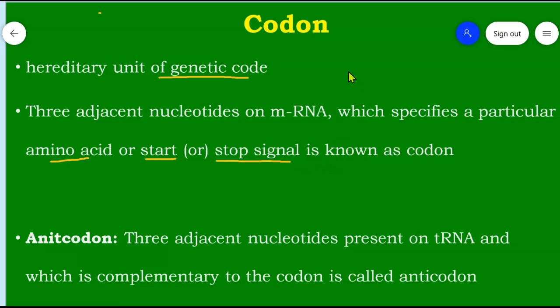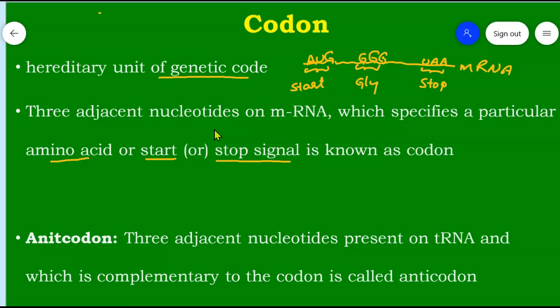What is a codon? Three nitrogen bases on the mRNA. If this is the mRNA, three nitrogen bases, imagine GGG, are present, which specifies a particular amino acid, or they may also specify a particular signal. For example, if this signal AUG is there, it indicates the starting of the polypeptide chain, or else they may also indicate a signal to stop the translation process.